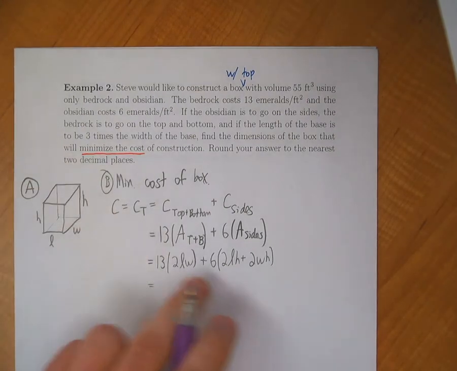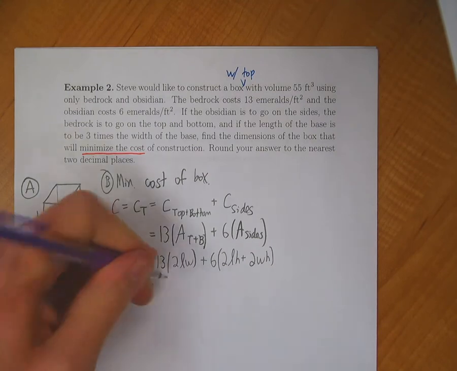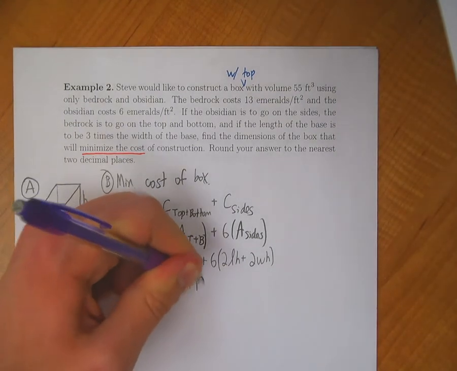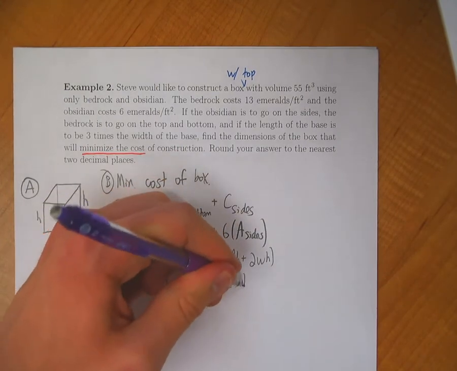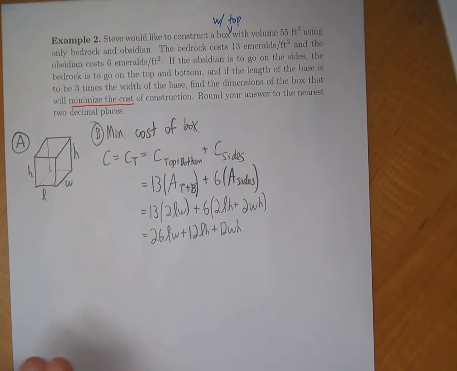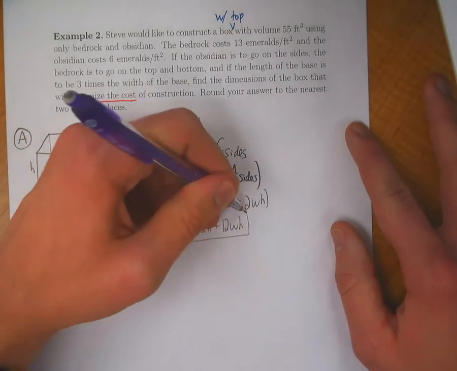So now if we distribute all these constants into all our terms, we end up with 26LW plus 12LH plus 12WH. Okay. So that part's not too bad. So this gives us our cost in terms of each dimension.